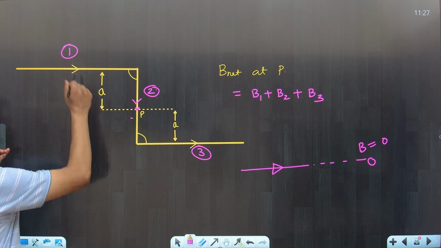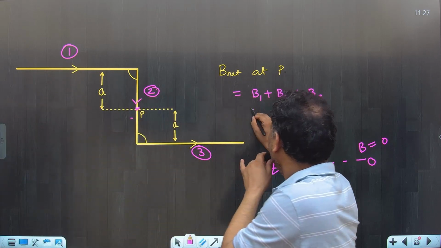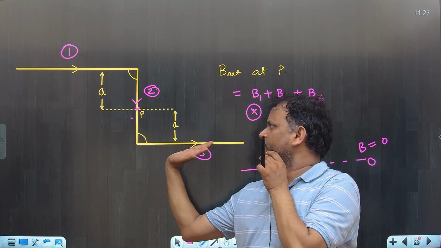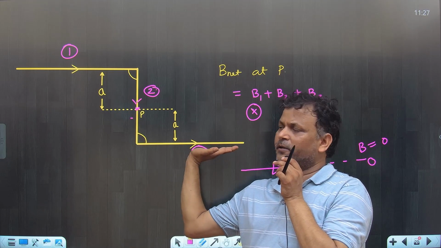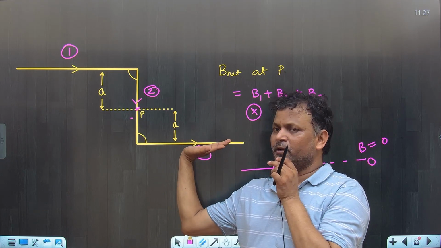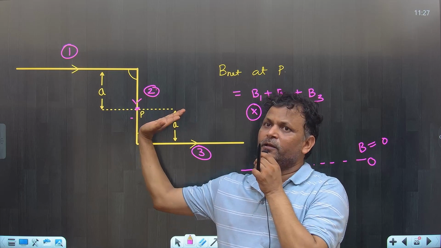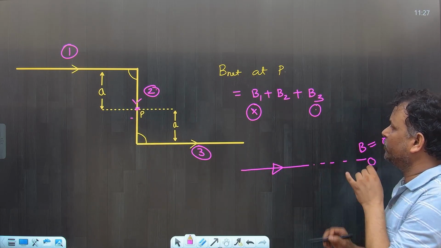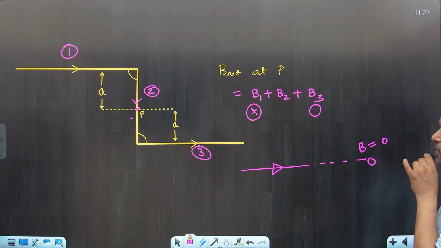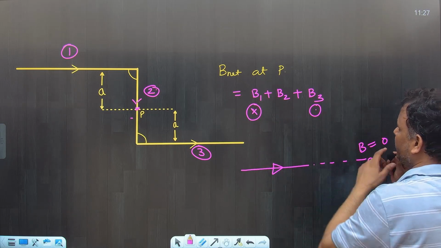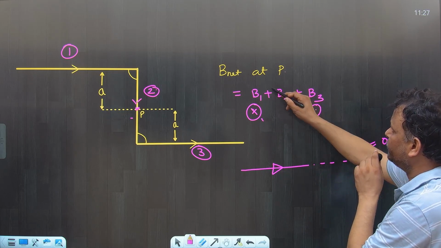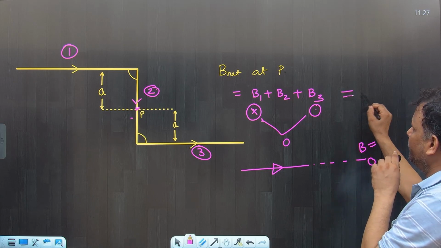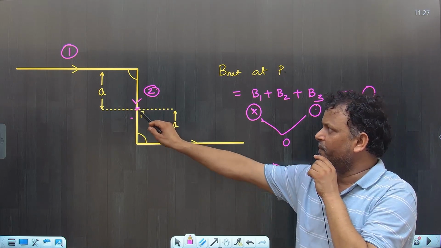So due to part 1, magnetic field is into the paper, and due to part 3, you keep your right hand fingers along the sense of current, palm towards P, your thumb comes out. So B is out of the paper, and both are symmetrical about point P. So they will cancel out. B1 and B3 will have 0 effect. So the answer will be 0. Magnetic field at point P will be 0.